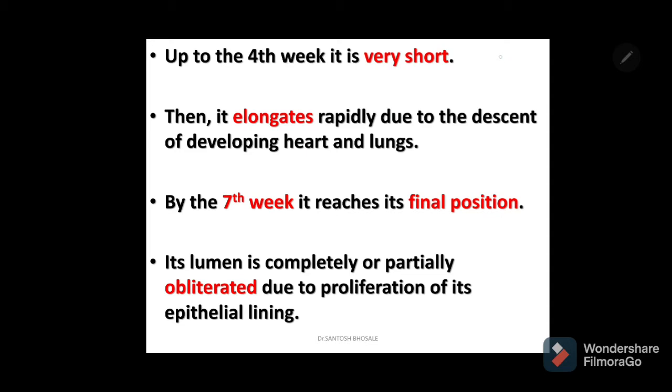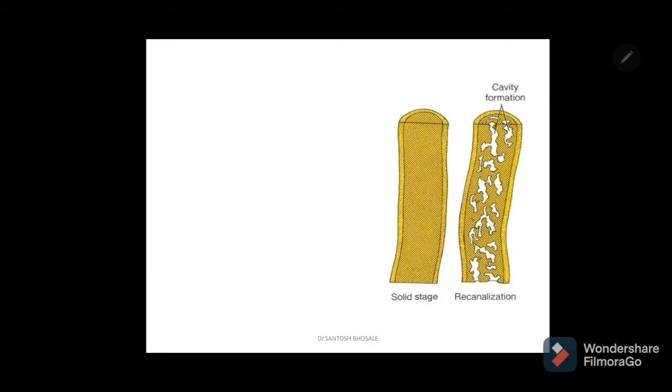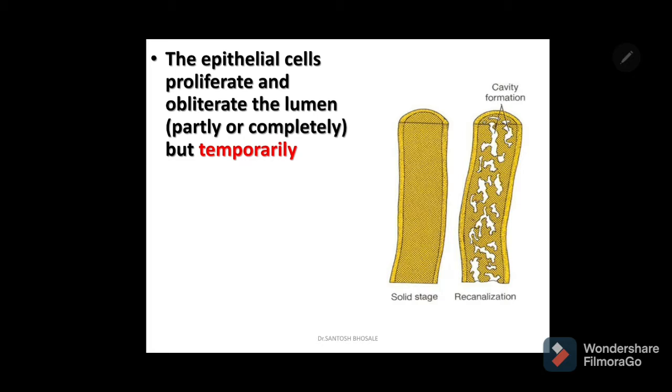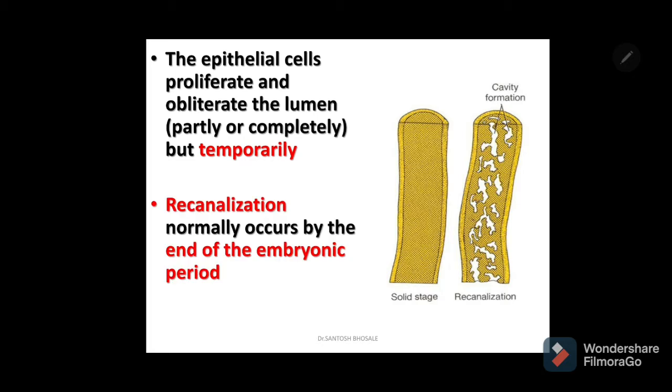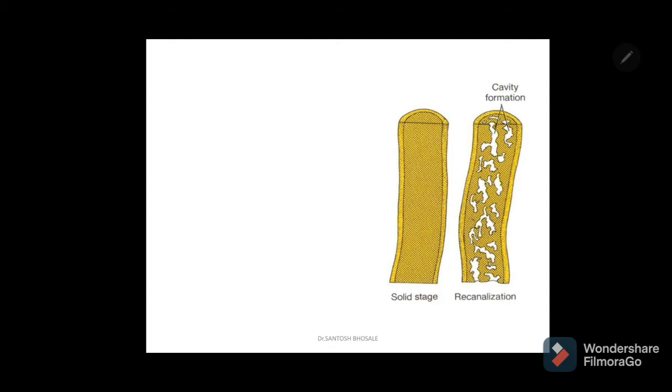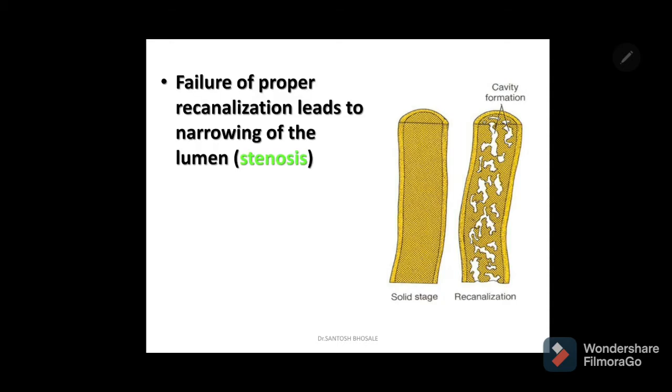Then canalization is a process that we discussed in the introduction part. You can notice there the epithelial cells proliferate and obliterate the lumen partially or completely but temporarily, and there is recanalization by way of cavity formation which results in the mucosal folds at the end of the embryonic period. Then failure of this recanalization may lead to stenosis.